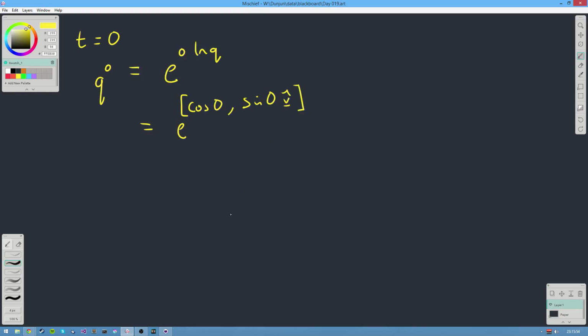Cosine of 0 is 1, and the sine of 0 is 0. So this means we've got e to the 1, 0, which is 1, 0.